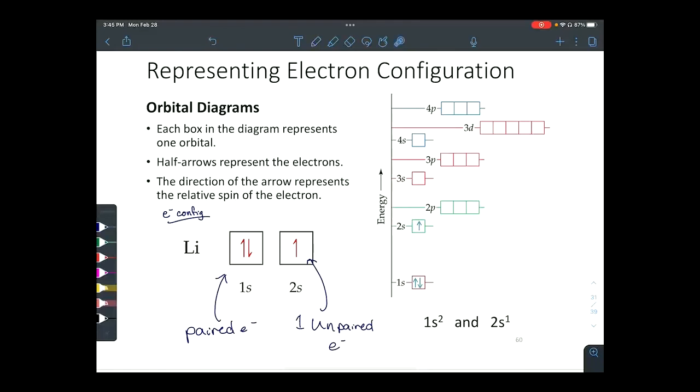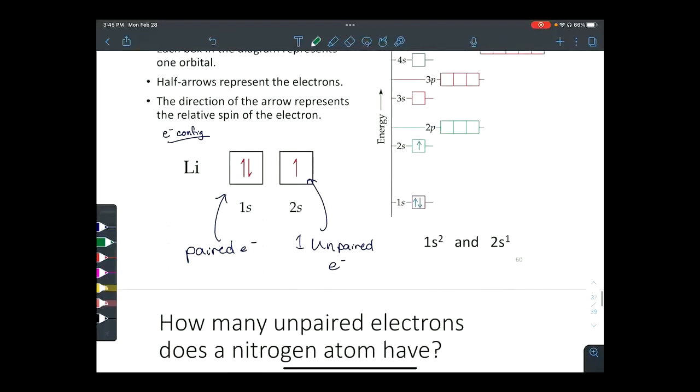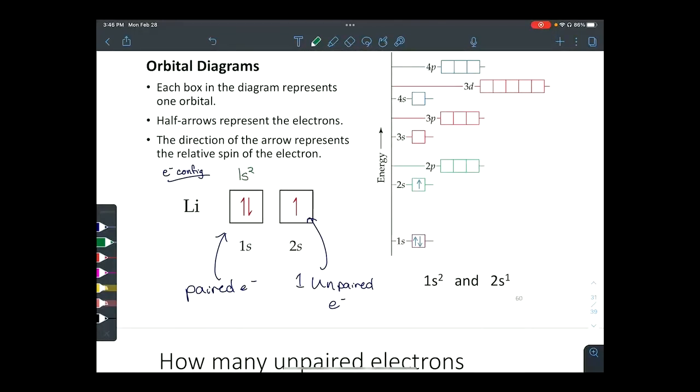So other ways we can talk about electron configurations is in terms of, okay, how many electrons are in those boxes? Are they paired? Are they spin paired, meaning one spin up, one spin down? Or are they singly paired, right? So here, for lithium, we could write the electron configuration, 2 electrons in our 1s, 1 electron in our 2s.